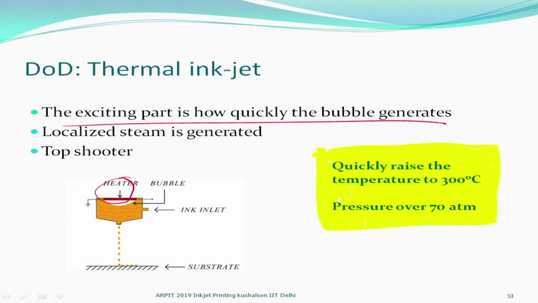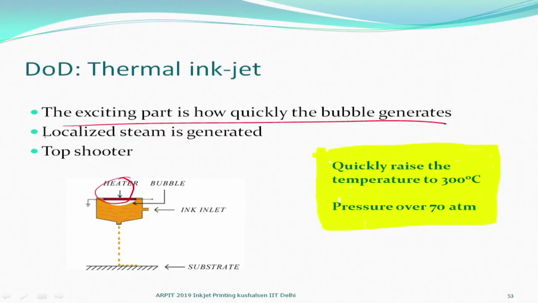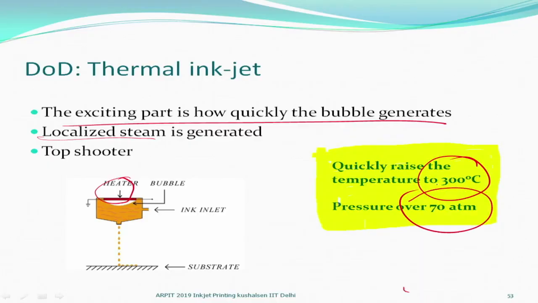Let us say you have an aqueous system, aqueous ink. So, you heat, and a bubble, a localized steam, is generated. How much? Look at this. Quickly the temperature around the same small little heater can rise to as high as 300 degrees centigrade. Around that area, pressures as high as 70 atmospheres could be generated. So, what it means is that immediately the drop will be generated and ejected out.